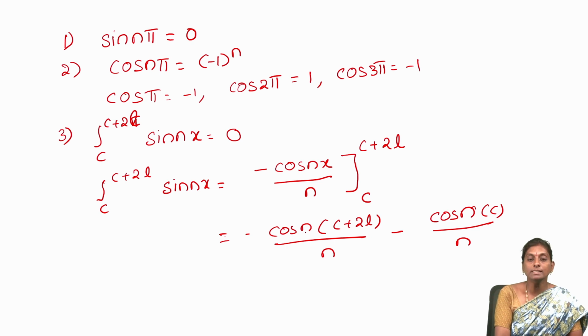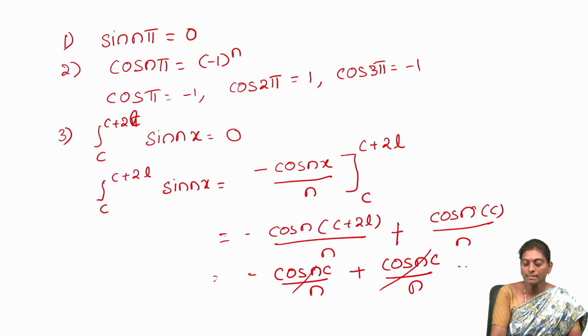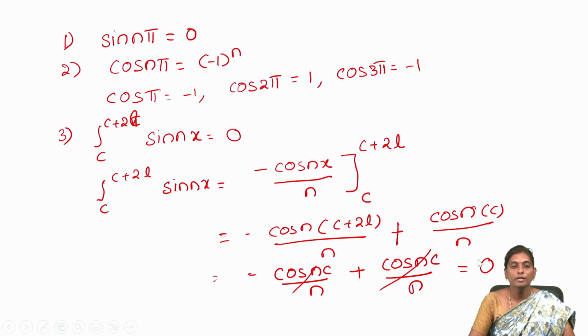Here cos x is a periodic function with period 2l. So this is minus cos nc by n plus cos nc by n, upper limit minus lower limit. So the answer is 0. So you remember that the integral from c to c plus 2l of sine nx is equal to 0.